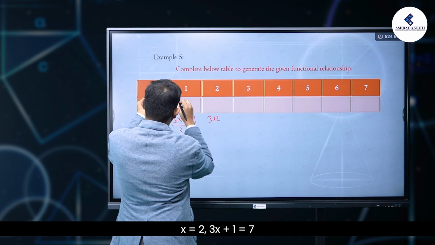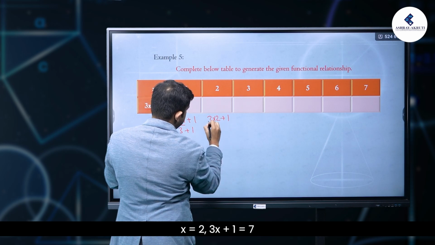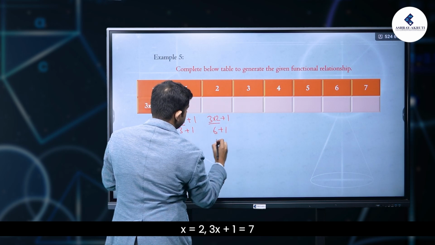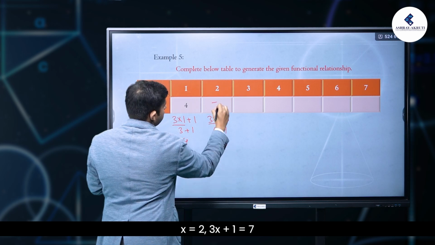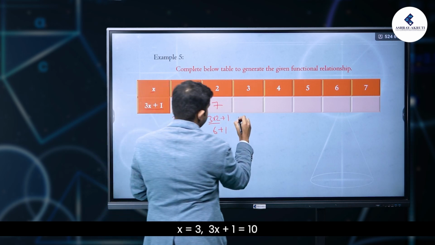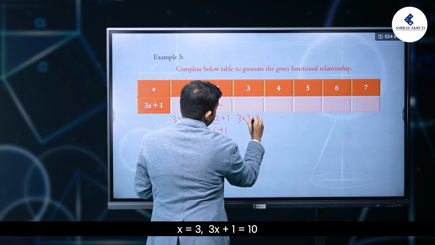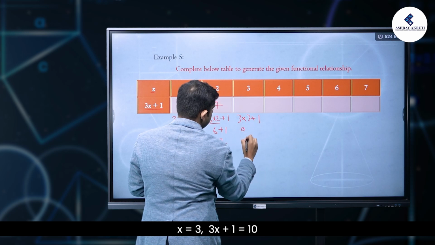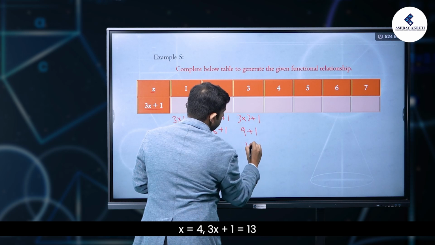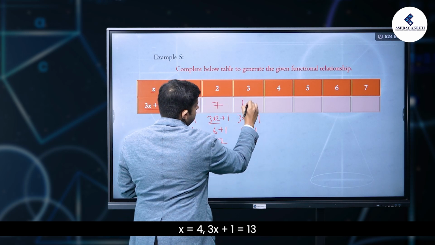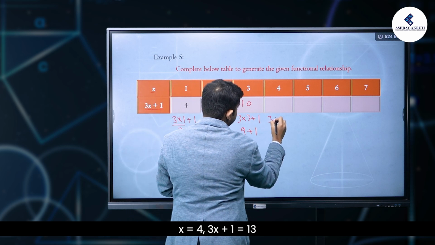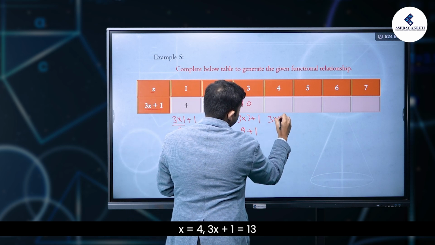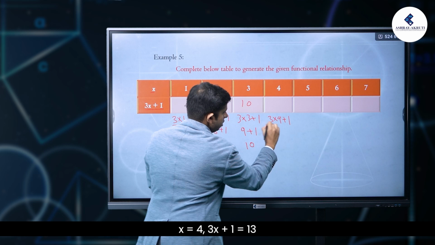X is 2, 3x plus 1 is equal to 7. X is 3 and 3x plus 1 is equal to 10. X is 4, 3x plus 1 is equal to 13.